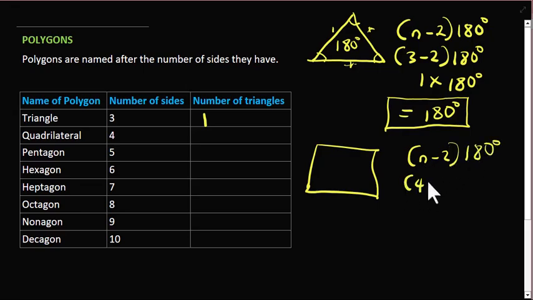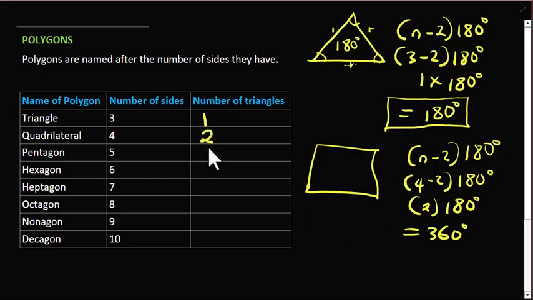So 4 minus 2 is 2, so 2 times 180 gives us 360 degrees. Since there are 180 degrees in one triangle, 2 triangles give us 360 degrees. So the number of triangles here is 2.